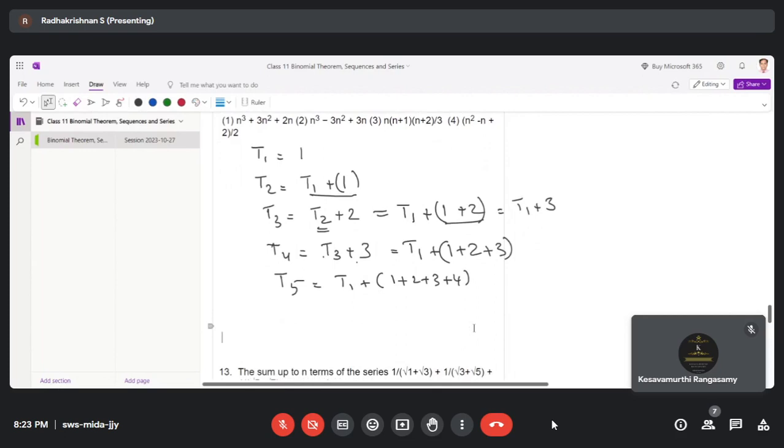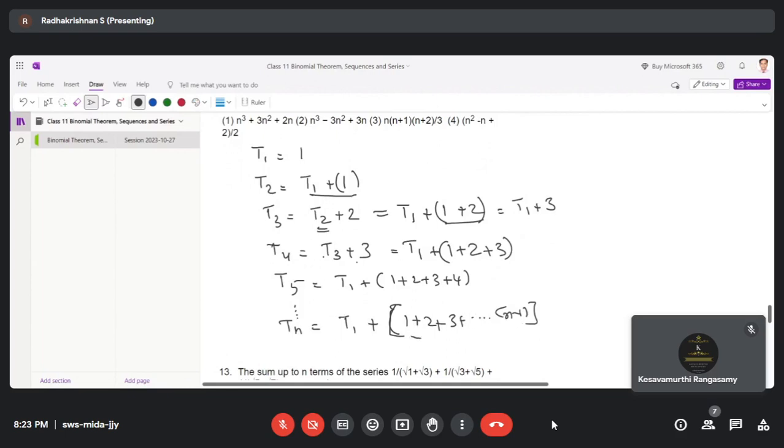and what will be your Tn? That's what they want, right? Tn is T1 plus up to n minus 1. You see now, T5 is T1 plus up to 4. T4 is T1 plus up to 3. And so on. So Tn is going to be T1 plus 1 plus 2 plus 3 plus up to n minus 1.